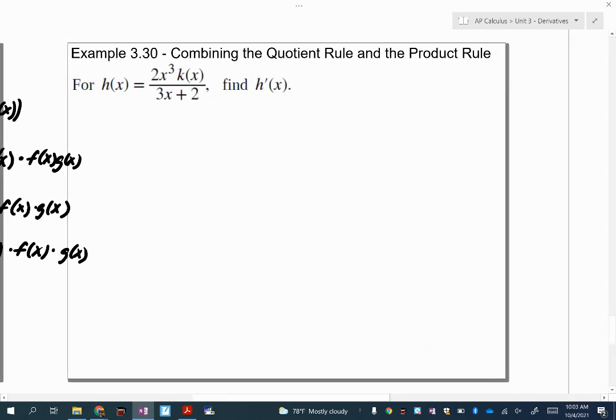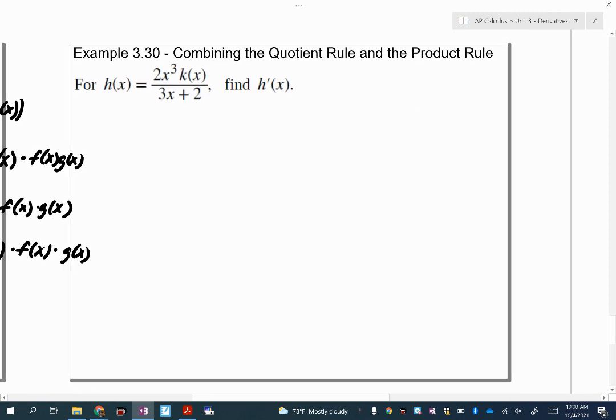So this is going to be combining the quotient and the product rule. The first thing that I'm going to do is apply the quotient rule since we have that. So to find h prime of x, this is the quotient rule first.